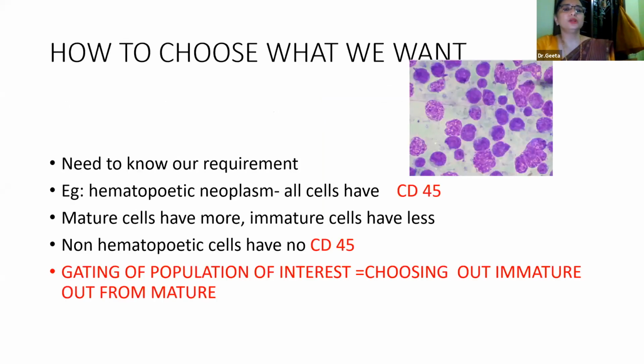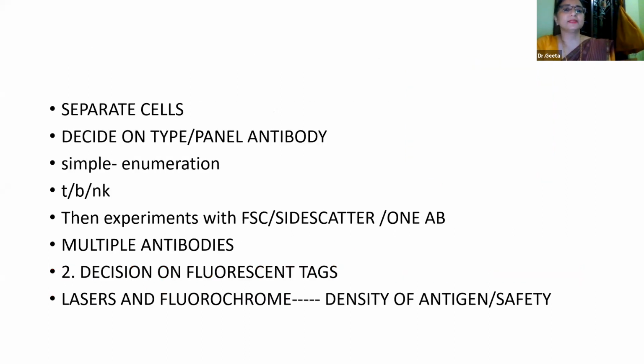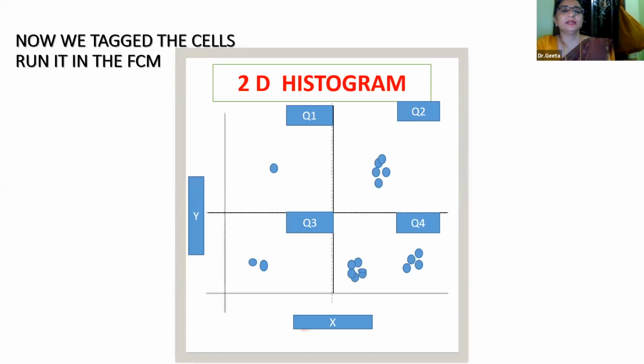So now we go on to see how to analyze the samples. Now we have separated, decided on the panel, and fluorescent tags are done. Now let me simplify the findings with 2D histogram examples. In a histogram, we can divide it into 4 quadrants, 1, 2, 3, and 4. We can see that there are variable numbers of cells in all these quadrants.